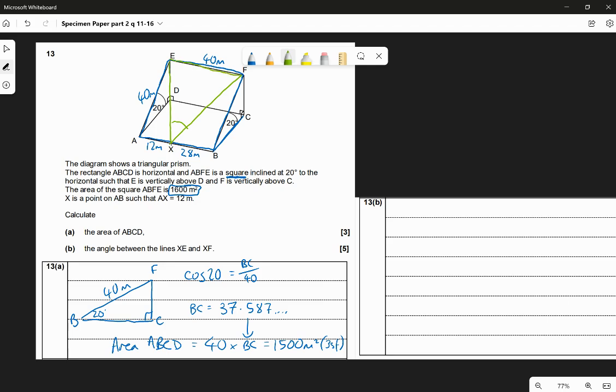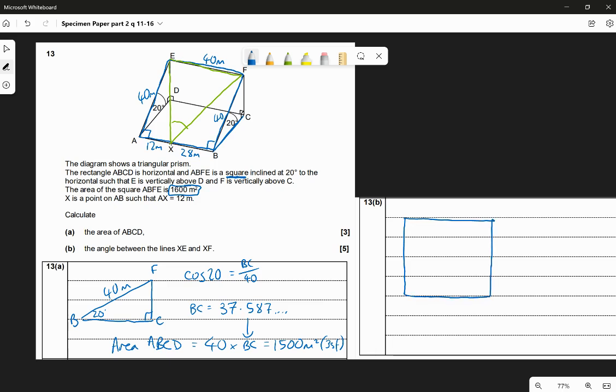If I had the other 2 sides, and that seems relatively easy because these are right angles because that's a square. And I have the lengths 40 and 12 and 28 and 40. So that's just Pythagoras.